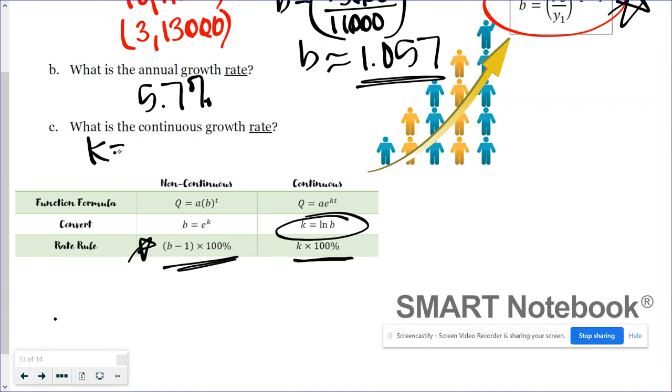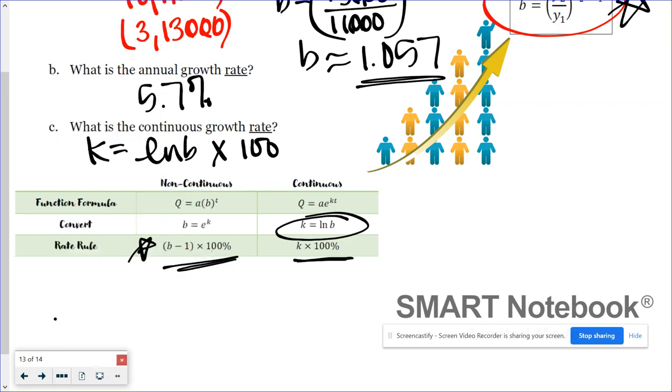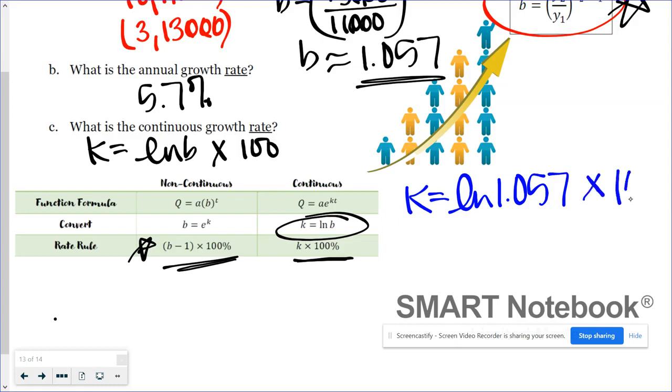So I'm going to calculate k first, and then once I know my answer, I'm going to multiply that by 100. So k is equal to the natural log of 1.057, calculate that, and then multiply the result by 100. And when we do that, we get 5.543%. And that would be our continuous growth rate.